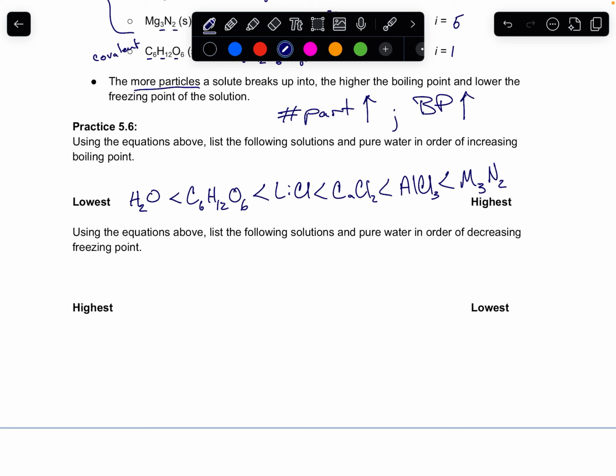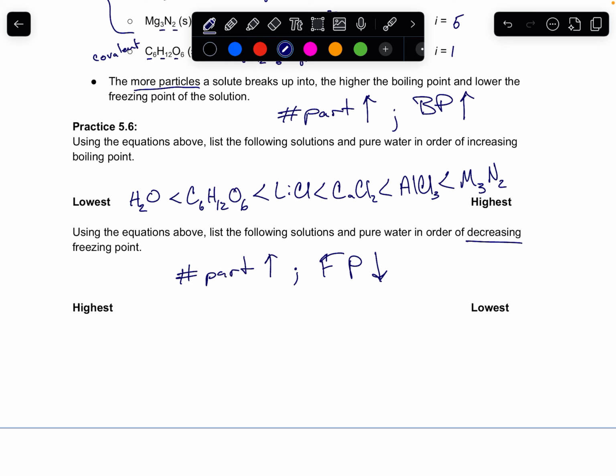Let's take a look at the last one here, using the equations above. Right, so again, the same information we had. List the following solutions in pure water in order of decreasing freezing point. Okay, so key here is we're decreasing. Okay, so remember, as my number of particles increases, my freezing point decreases, right?